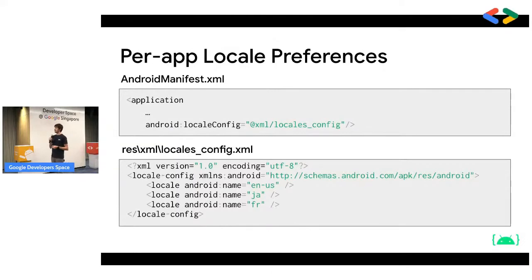Another important change, especially around the Asian region where there are so many languages, is per-app language preferences. Before, you could only change the locale of the full phone, so the language of the full phone, and that would change the language in which the applications are shown. But you could not say, I want this app to be in English, but I want this other app to be in my native language, for example Spanish.